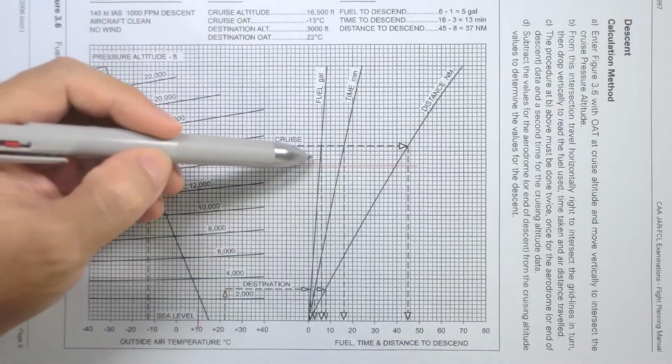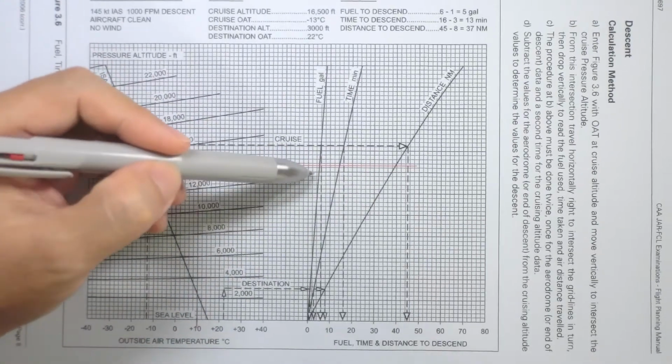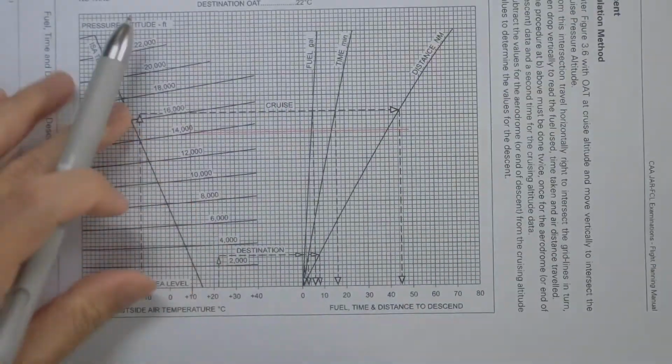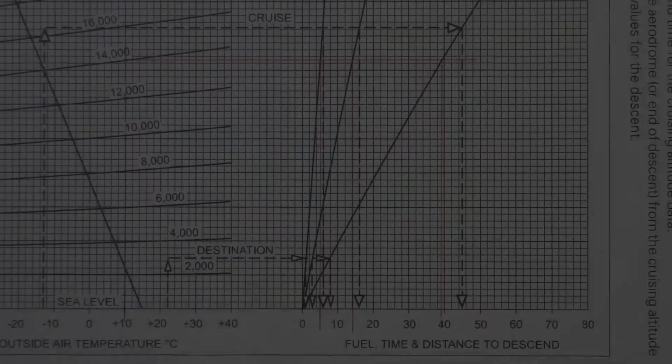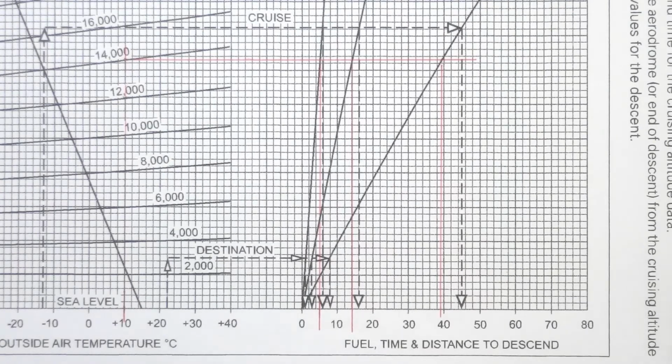And now to get the fuel, time, and distance for the first plot, we simply move down the chart to the scale at the bottom. And that should look something like this. So what do these numbers mean?